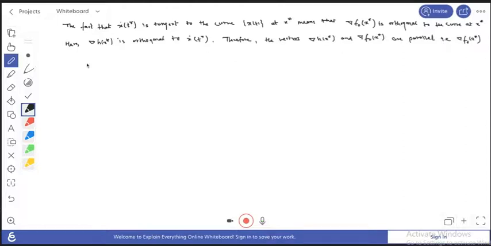So this gradient is a scalar multiple of the gradient of h at x star. This is basically the final result. The gradient of f and the gradient of h are parallel, and one can be written as a scalar multiple of the second.